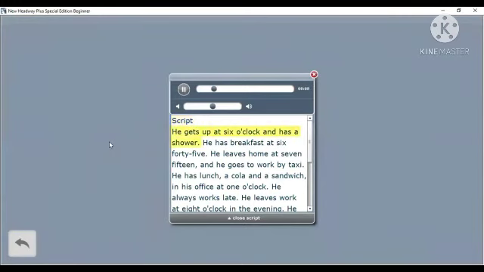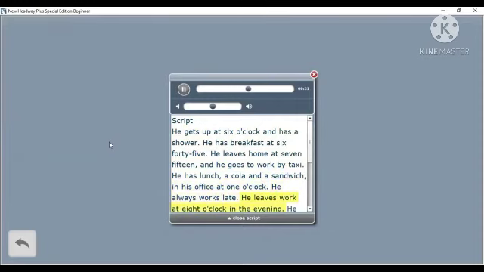He gets up at 6 o'clock and has a shower. He has breakfast at 6:45. He leaves home at 7:15 and he goes to work by taxi. He has lunch, a cola and a sandwich in his office at 1 o'clock. He always works late.